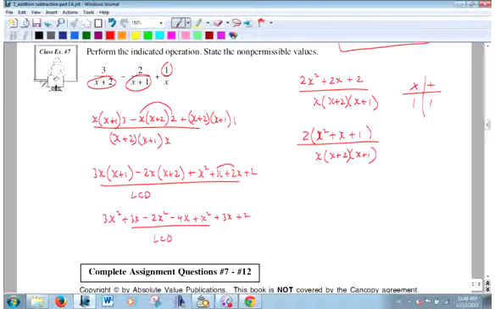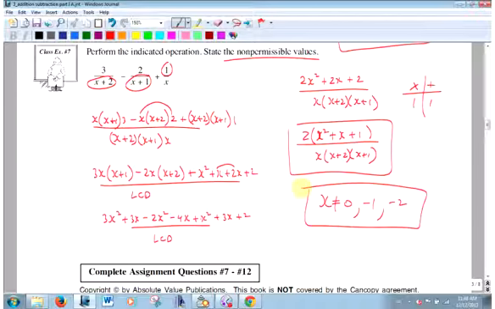Nothing. If it's 1 times 1, it's got to add to 2, right? Okay, so I'm done. Non-permissible values. I keep forgetting. Can't be 0, can't be negative 1, can't be negative 2. Well, that was fun.